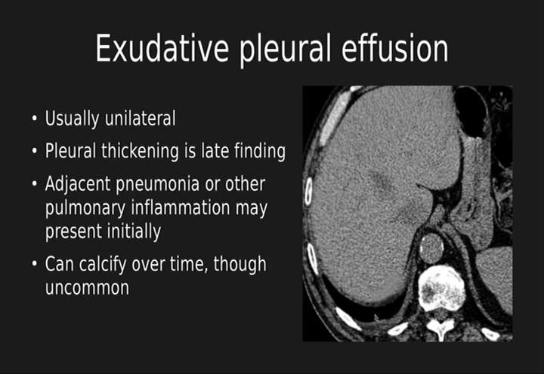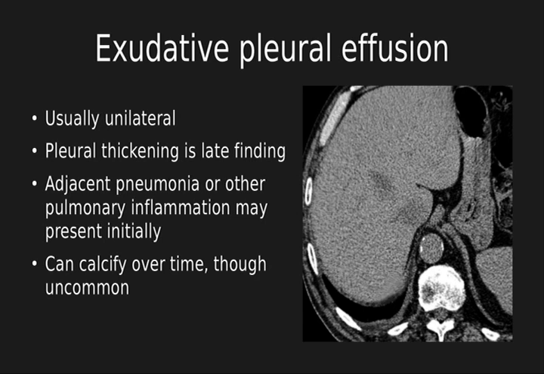We can see adjacent pneumonia or other pulmonary inflammations initially. The pleural thickening persists despite the resolution of the pleural effusion, and the most common etiologies are infective, by streptococcal and staphylococcal species.